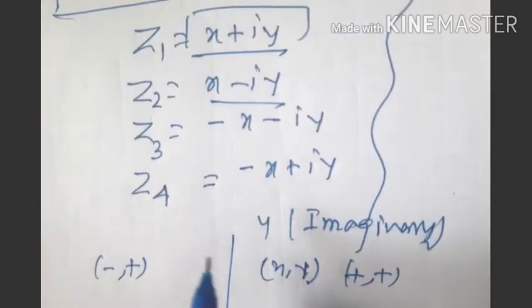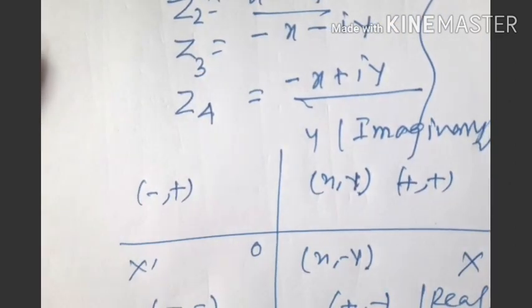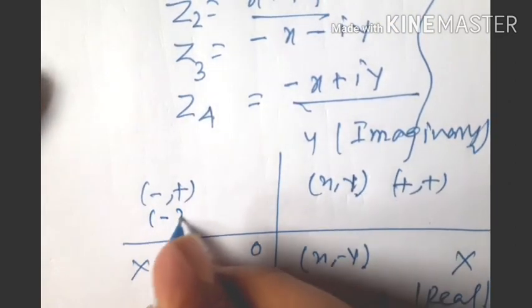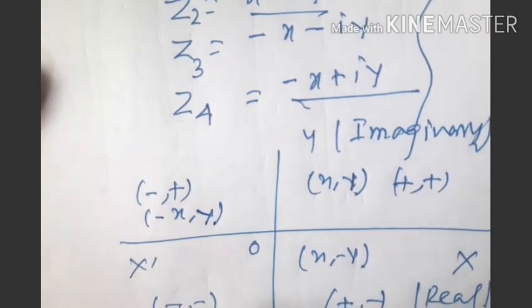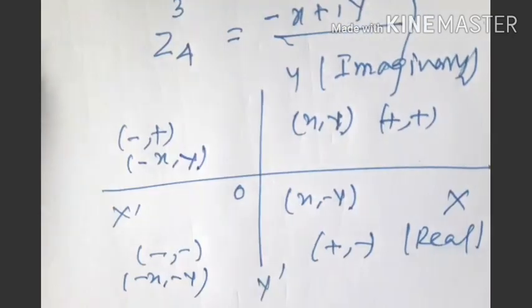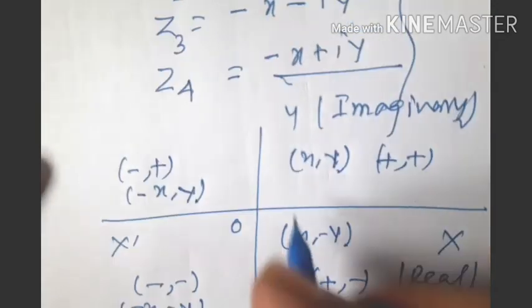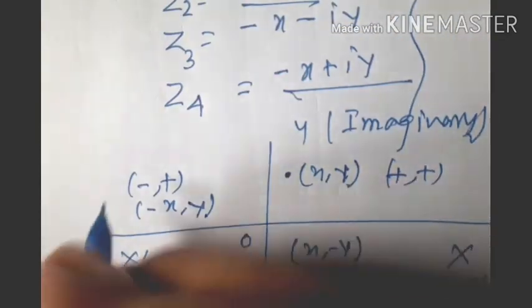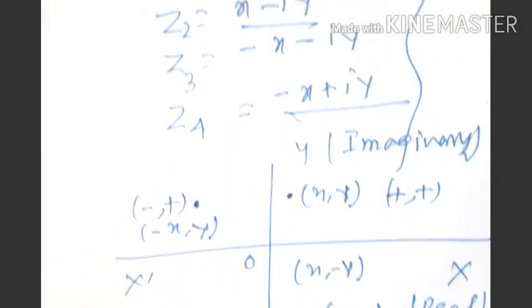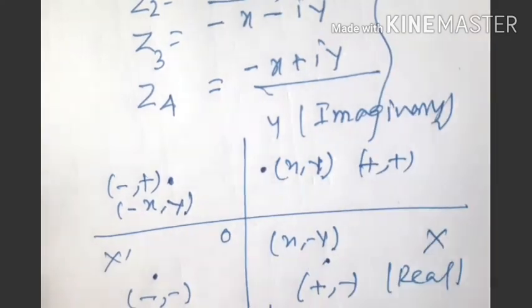If you want to express minus x plus iy, it will be expressed like this, minus x comma y, and here both are negative. So this is the representation. This particular point will represent the first complex number, this point the second complex number, this point the third, and this is the fourth.